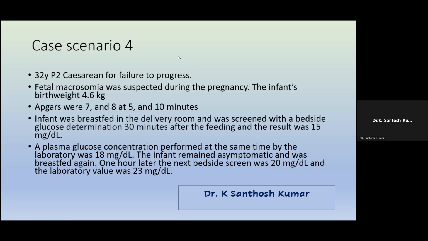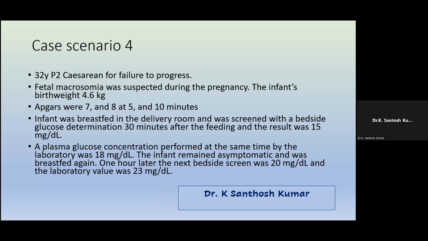Between 25 and 40, you can feed the baby and reassess within 30 minutes. That is called asymptomatic hypoglycemia. But once the value is less than 25, even if the baby is asymptomatic, it needs to be treated, because at 25 milligram per deciliter the chances that the child develops neuroglycopenia and the subsequent complications are far higher.